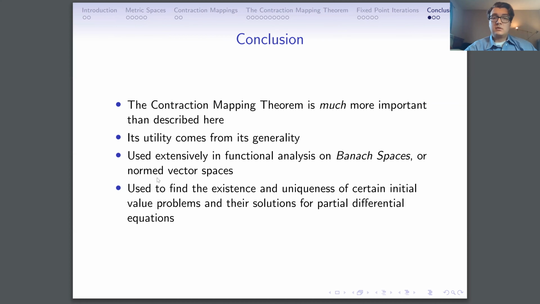So the contraction mapping theorem is used extensively in functional analysis on Banach spaces or normed vector spaces. And it's frequently used to establish the existence and uniqueness of solutions to initial value problems for partial differential equations, right? Depending on your space, this can get incredibly complicated, but the contraction mapping theorem is a very useful tool for that purpose. And some of my sources go into more detail on that if you would like to read more.